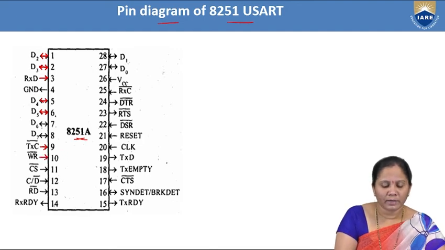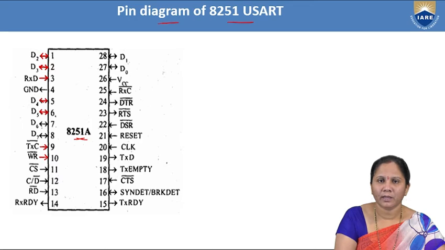WR bar, the write signal, is also represented as an input signal. That means the information is coming from somewhere to this 8251 USART. The 8086 microprocessor is going to write information to the 8251 using the WR bar signal, so it is considered an input signal.